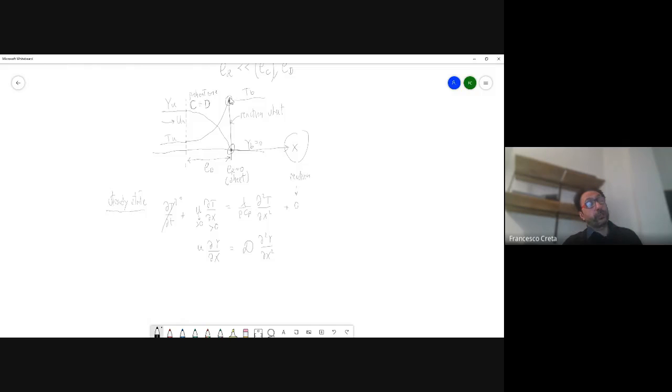So it will essentially increase the temperature. So you can see that this means that the second order derivative is positive. So that's why you have this form here, it's essentially concave in this direction, the temperature from TU to TB.